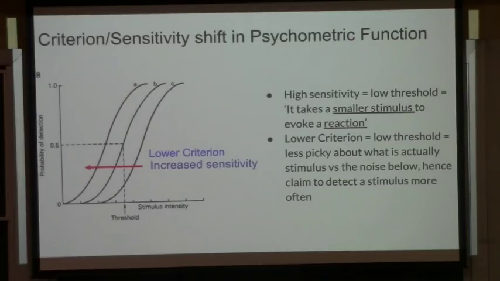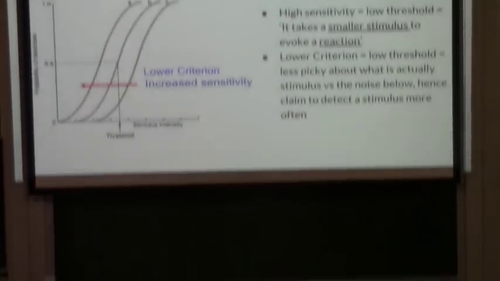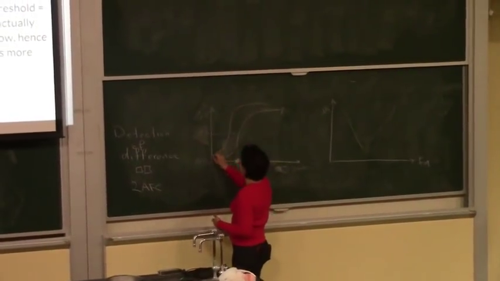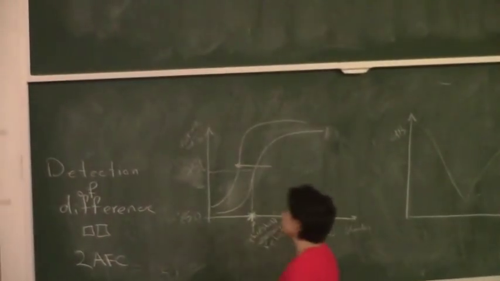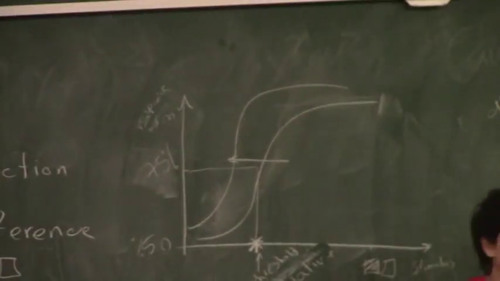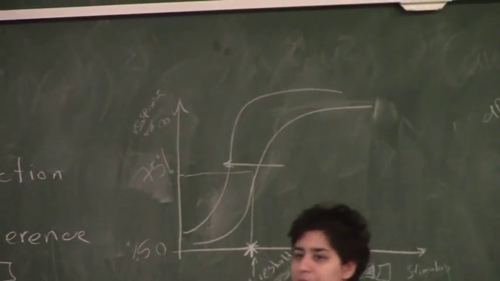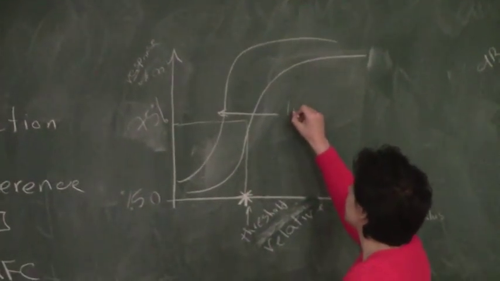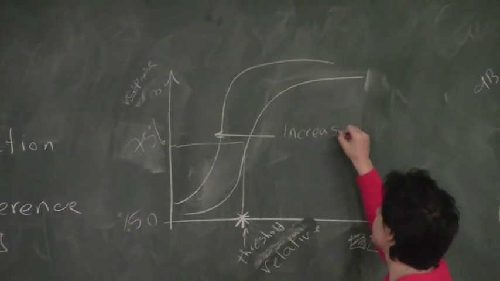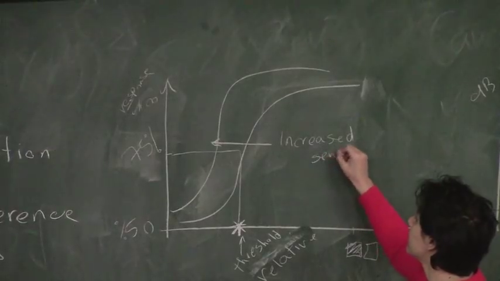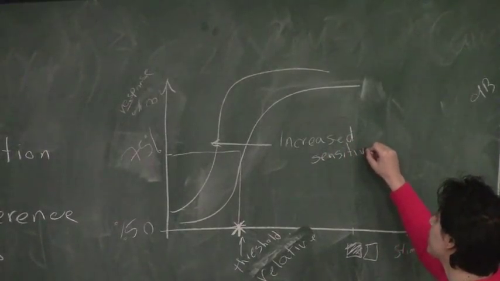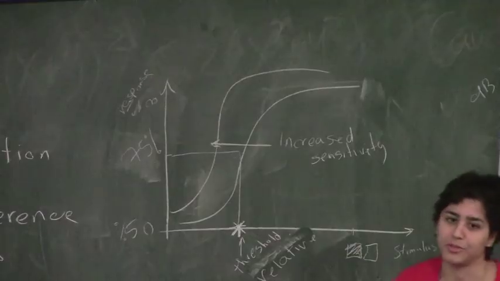So changes in sensitivity occur, and the result is that your threshold either increases or decreases based on how your sensitivity changed. So if you become more sensitive to a stimulus, you're going to shift this curve to the left because you'll be detecting it more often. So that's increased sensitivity. It brings down your threshold because you're more sensitive.